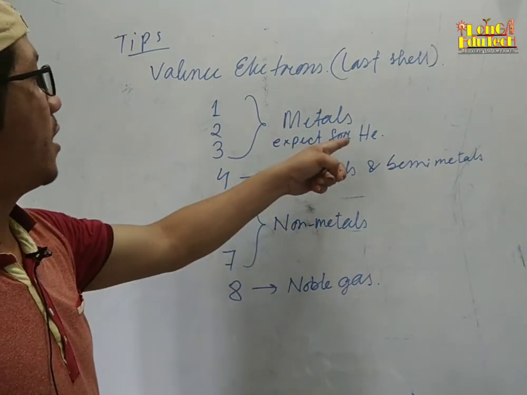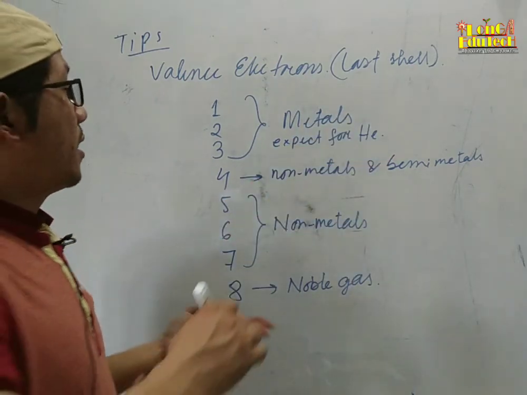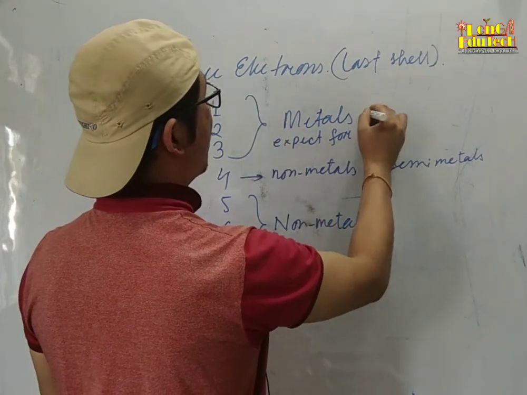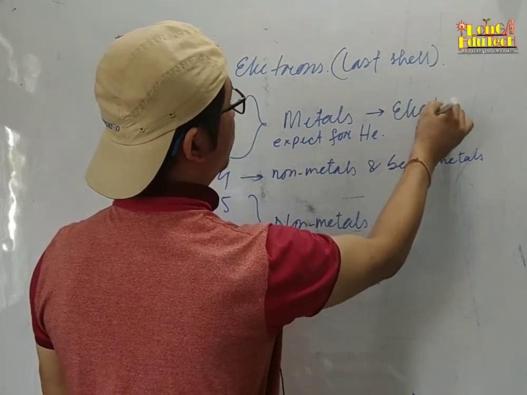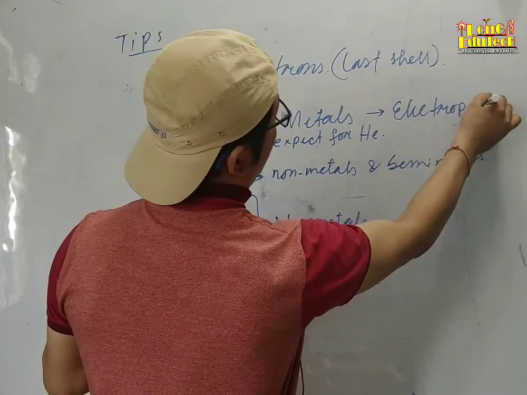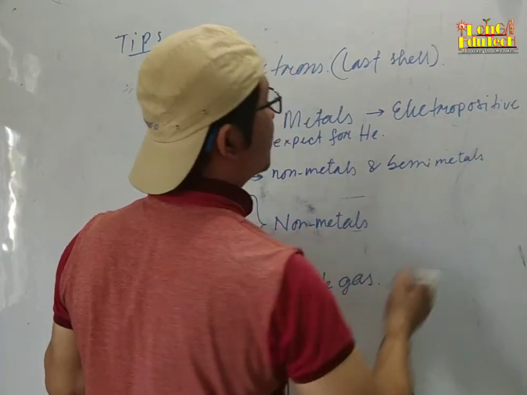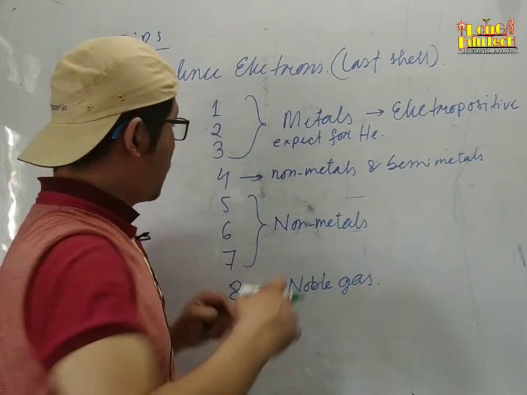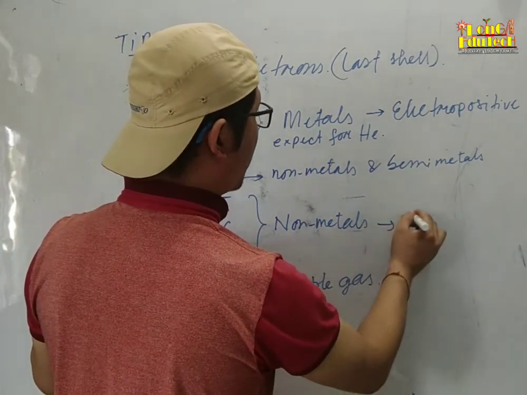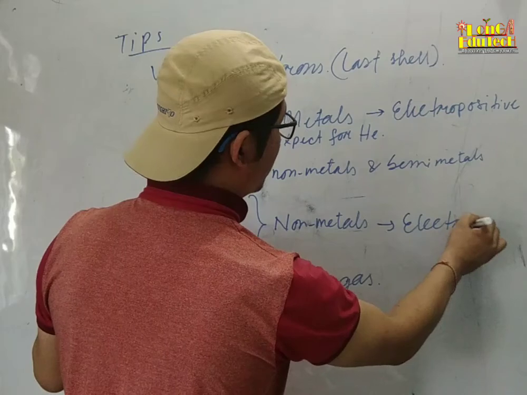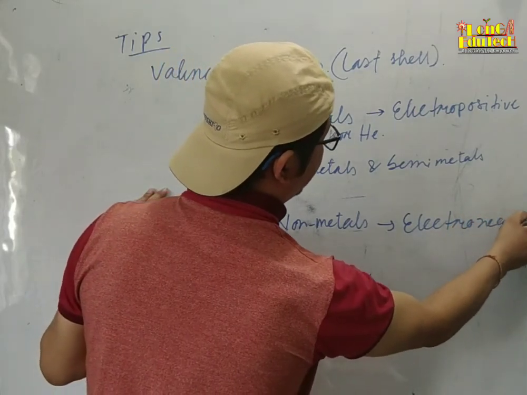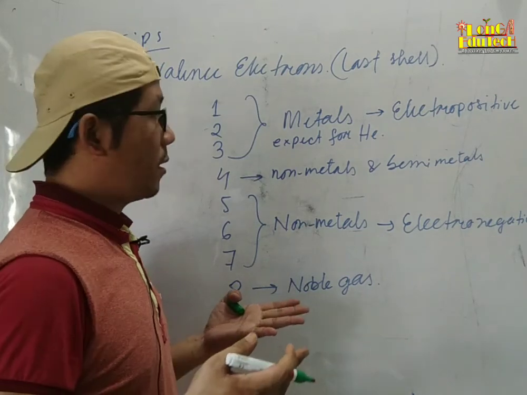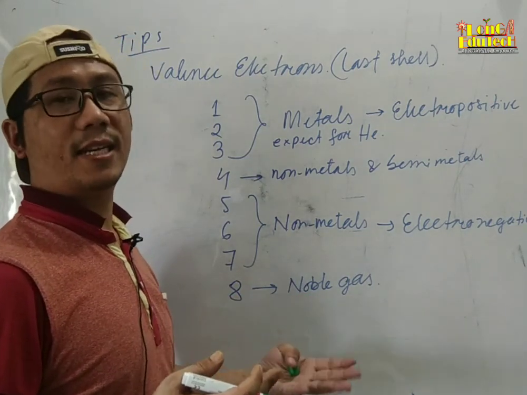Okay, metals lose electrons and they are called metals. They are called electropositive because they can lose electrons and they become positive. And non-metals are known as electronegative because they have a tendency to gain electrons from others.